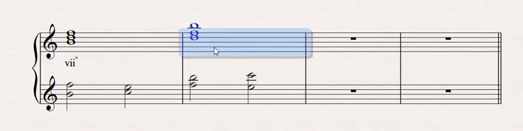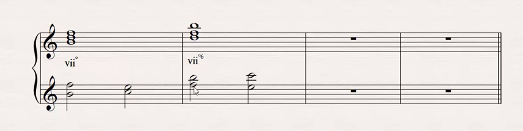Now in this version, which is also a B diminished chord just with a third in the bass, so it's a first inversion B diminished, we just call that 7 diminished 6, or 6/3 if you want to be complete. This is the inversion that you'll see 7 diminished chords in most often.